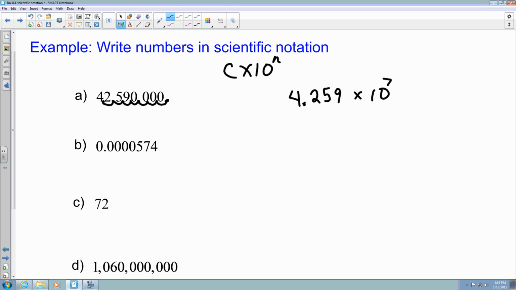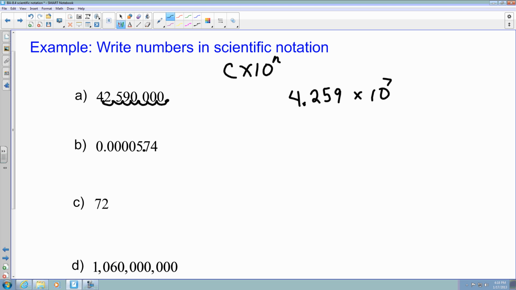B, on the other hand, is less than 1, so I know that it's going to have a negative exponent attached to it. By looking at it, I need to determine where my c is going to be, so my decimal point is going to be between my 5 and my 7. It can't be between the 7 and 4 because that would make it 57.4, and that's larger than 10, so I can't do that.